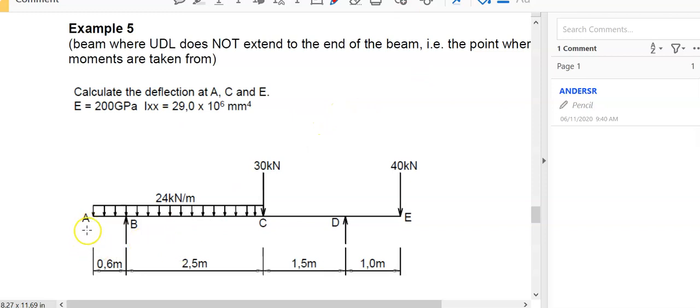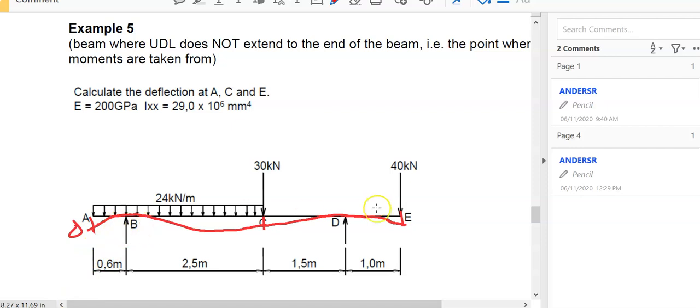There's a deflection there, there's a deflection over there, and there is deflection there. So the deflection at B and D is known. Those are the boundary conditions, because we use those facts that at B and D deflection is 0, and from there we find the constants of integration C1 and C2.